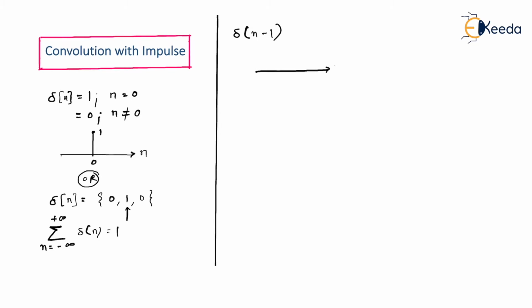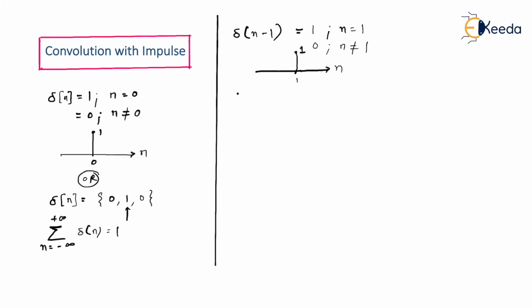Again, on x-axis we have n, but this time impulse signal is present at n equal to 1. So at n equal to 1, we have an impulse signal. Or I can say del of n minus 1 is always 1 only for n equal to 1, and when n is not equal to 1, it is always 0.